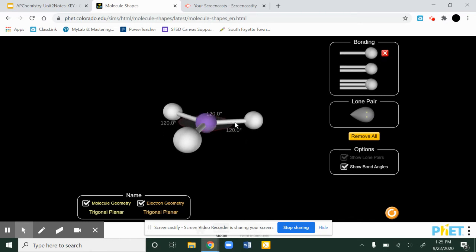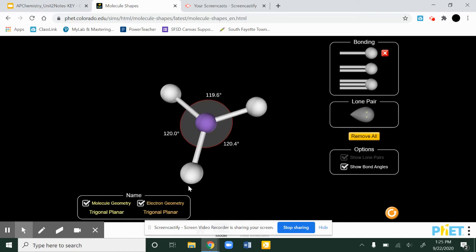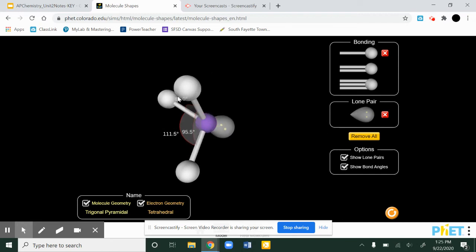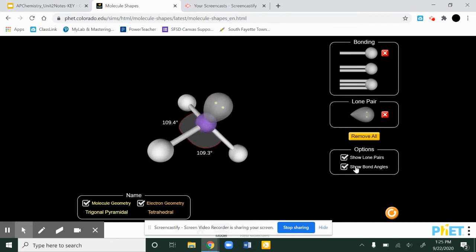I take a bonding domain away, and I add a lone pair instead, I get trigonal pyramidal. This bond angle should be a little bit less, closer to 107.